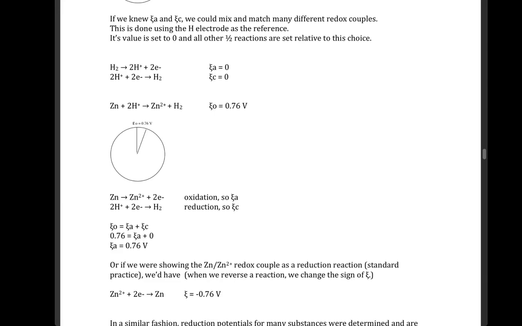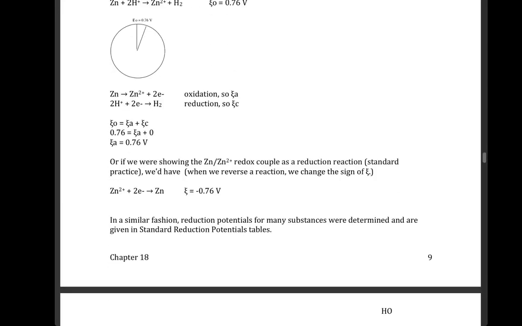We have the overall potential, E naught at standard conditions, equaling E_A plus E_C. We put in E naught to be what we measured, 0.76 volts. That's equal to E_A plus 0, because that's our reference for the hydrogen electrode. That means that E_A is equal to 0.76.